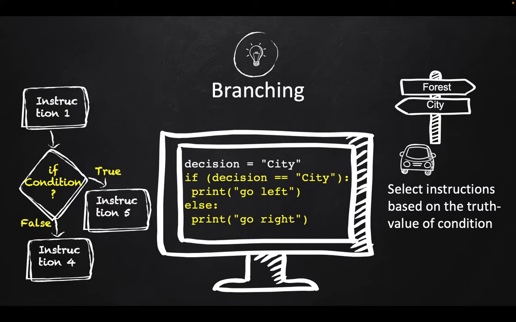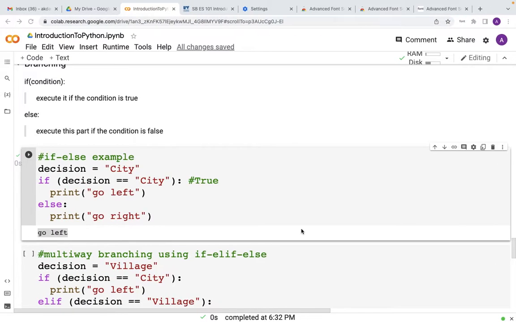Now let us clarify it in Google Colab with hands-on. So this is the same piece of code that I have shown in the slide. Here decision is a variable, and here I have stored my decision.